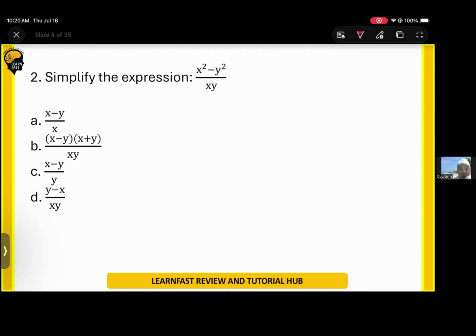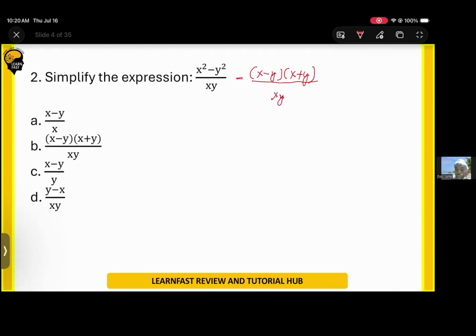Then we have number 2. You are asked to simplify the expression. If you look at the numerator, it can be quickly factored into x minus y times the quantity x plus y, divided by x minus y.